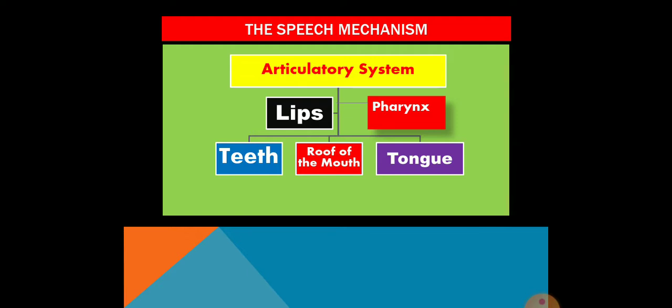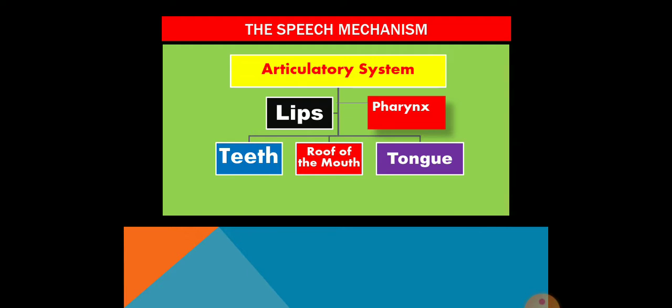Then you can see teeth. They are located at the front of the mouth, immediately behind the lips.